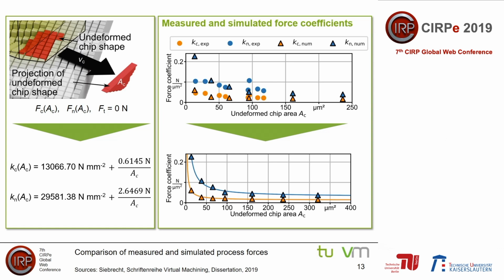Only for very small areas a significant deviation in normal direction occurs. Generally, the correlation between the force coefficients and the undeformed chip area shown in first experiments could be reproduced using the presented numerical model. Therefore, complex single-grain cutting experiments to calibrate the empirical force model can be avoided.